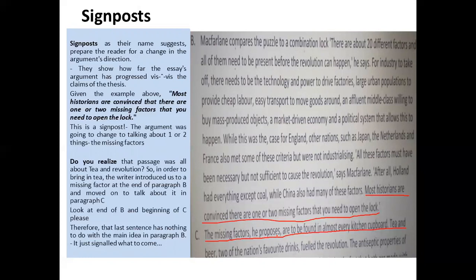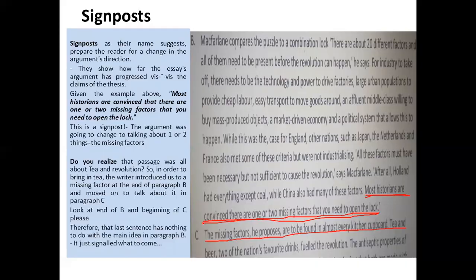So that is what the writer wanted to talk about. So look at the end of B and look at the beginning of C. The last statement here has nothing to do with paragraph B. It's just a signpost. So you want to watch out for signposts and don't think they are the main topic sentence or main idea of the paragraph. I'm sure you've gotten that.